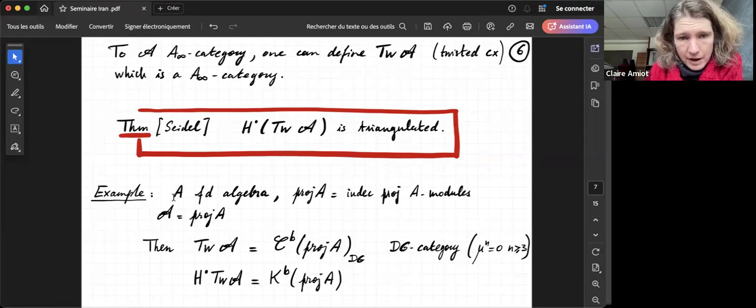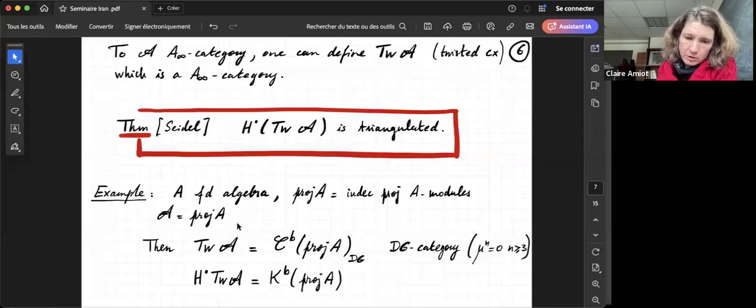So if I start with a finite dimensional algebra A, and I look at the category of indecomposable projective A modules, it's a usual category, and since it's a usual category, it's an A infinity category. Here I take all the higher compositions to be 0. Now, if I compute Twisted of A, I end up with the category of bounded complexes of projective A modules, but seen as a DG category.